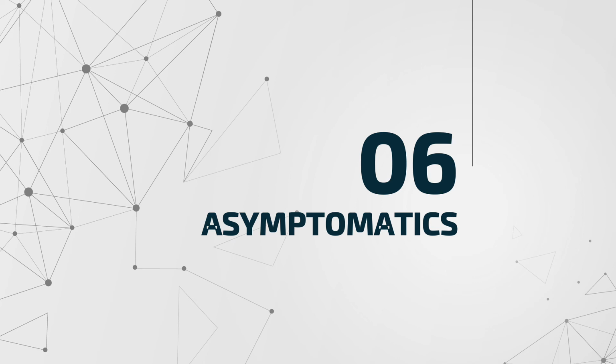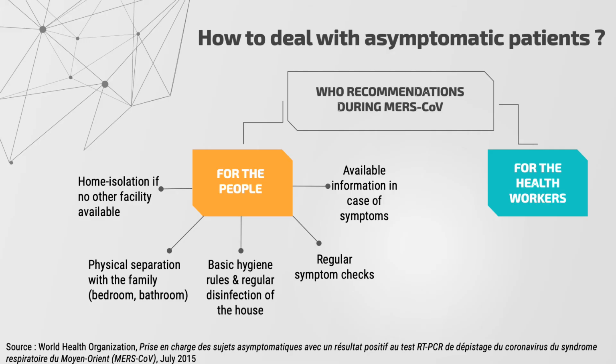So now we'll be talking about asymptomatic patients. We were able to find WHO recommendations during MERS-CoV for both the people and the health workers. First, for the people, they recommended that if there's no other facility available, to just have home isolation.